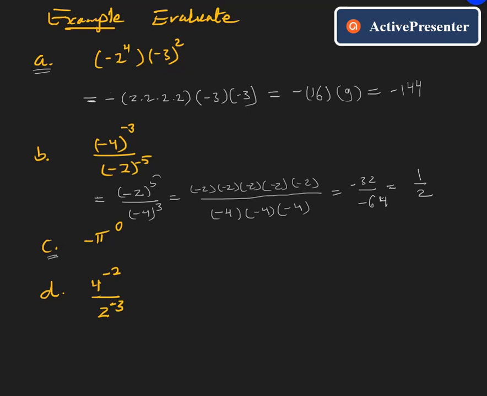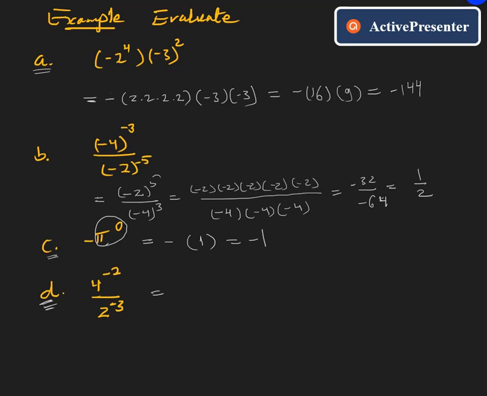What about C? Minus pi to the power 0. So it should be minus multiplied in 1, which is minus 1. Any value to the power 0 is 1. The final question is minus 4 to the power 2 over 2 to the power minus 3.